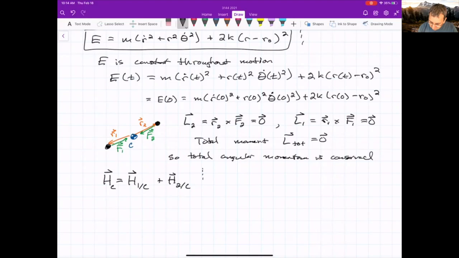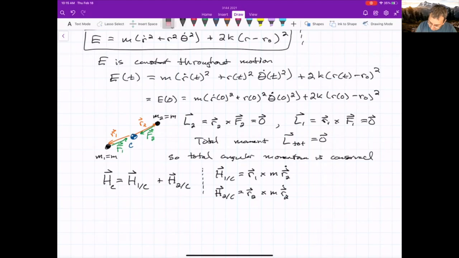So what are each of those? H1 with respect to C is r cross momentum. So that's R1 cross M R1 dot, because mass 1 is M and mass 2 is also just M. And H2C is R2 cross M R2 dot.